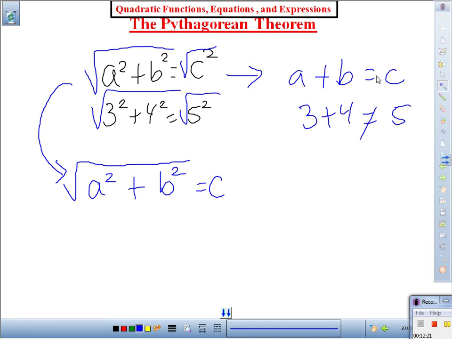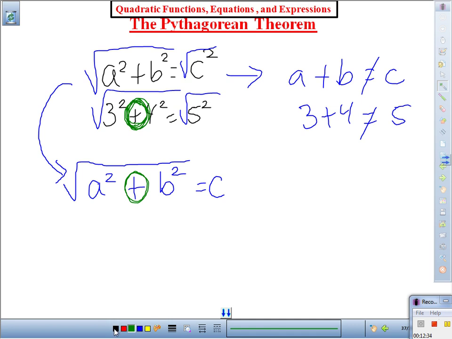No, that means A plus B is not equal C. They're like, how come it doesn't work, Mr. Q? Let me give you a clue. Because of that addition sign. There's an operation already involved other than the squaring. That's why you cannot just take the square root.